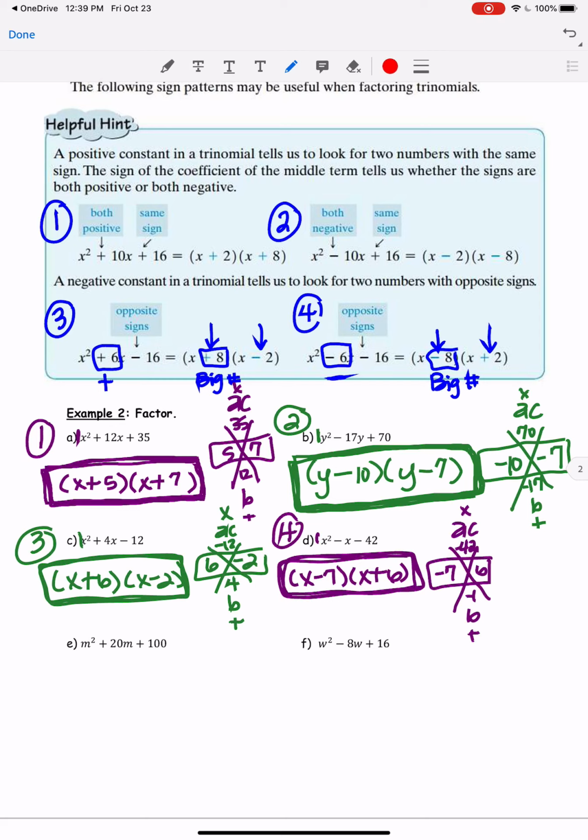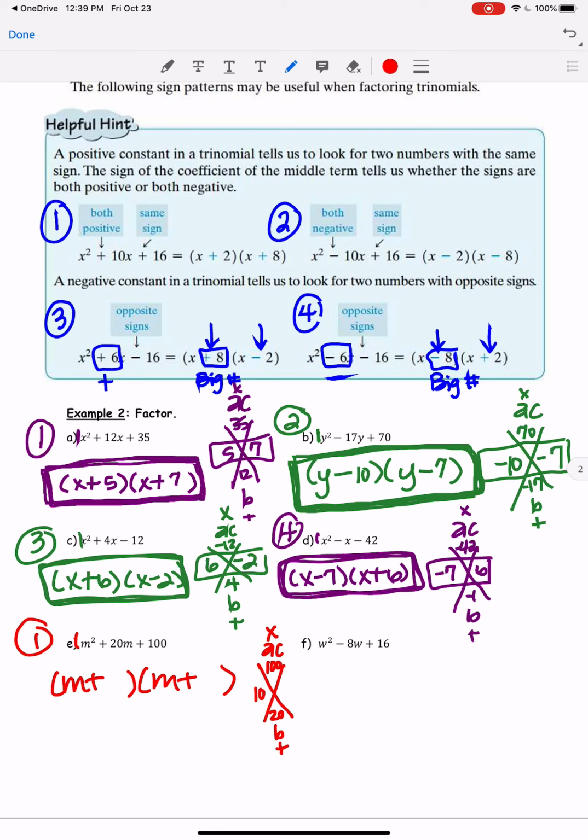E, we've got positive, positive. So that's a case 1 again. So I know I'm going to have m plus a number and m plus another number. So my A times C is 1 times 100. My B term is 20. What adds up to 20 and multiplies to 100?